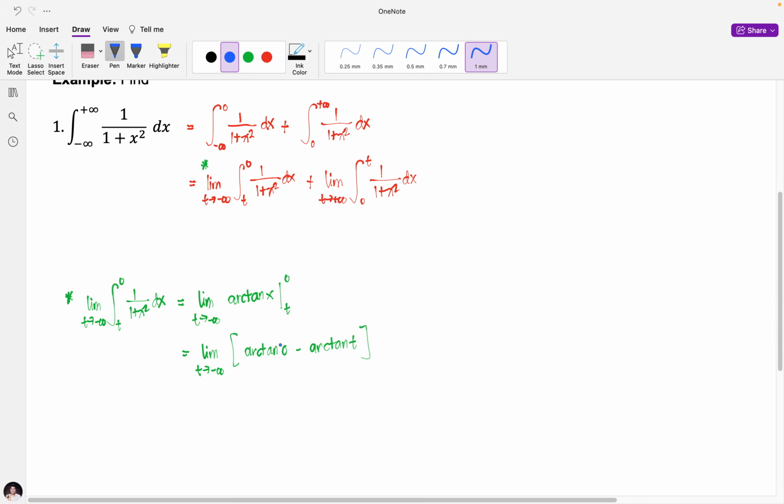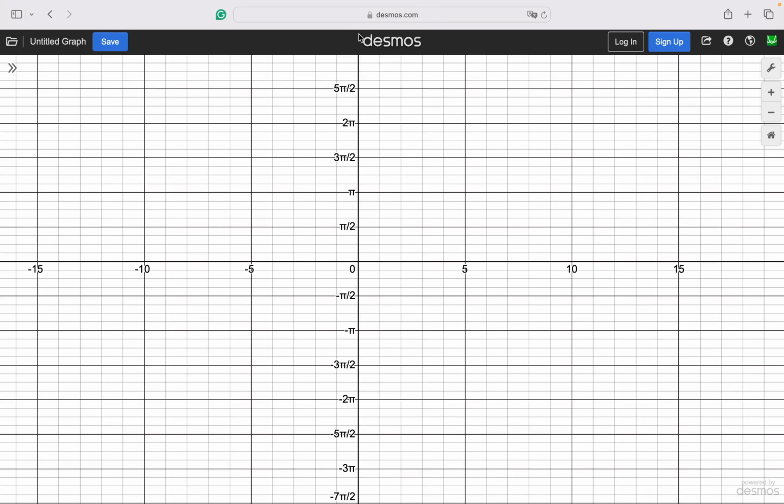Now, take note that arctan of 0 is just 0. So therefore, we have the limit of arctan of t as t approaches negative infinity. If you can imagine the graph of arctan, as it goes to negative infinity, the value of the function will approach negative pi over 2. Para makita natin, let's have Desmos here.